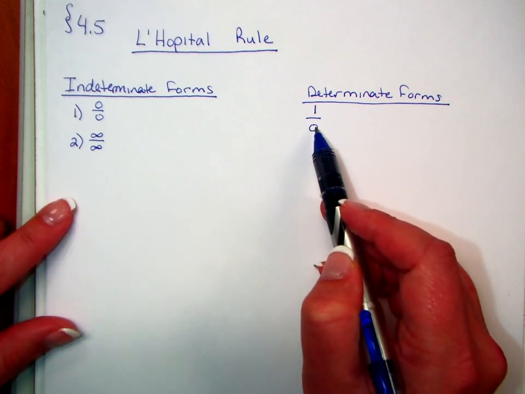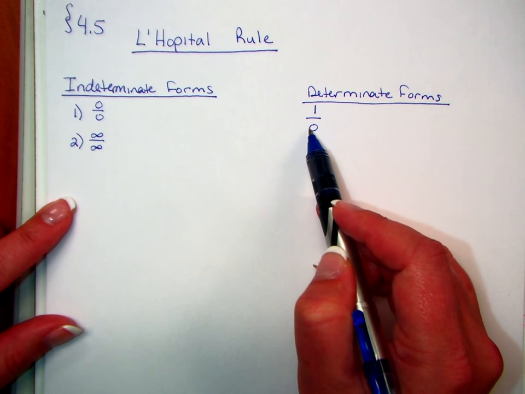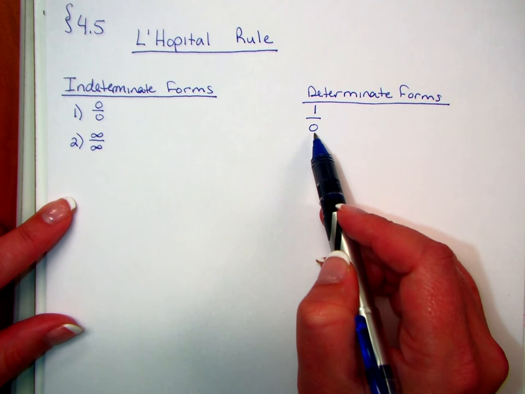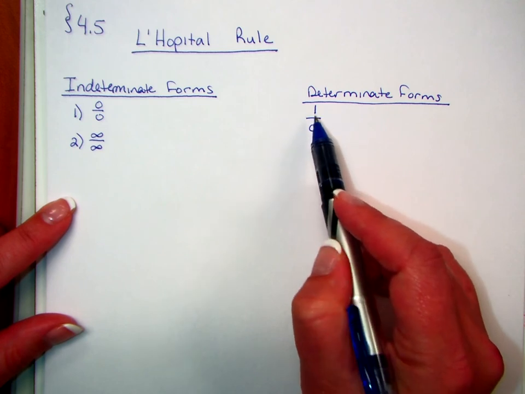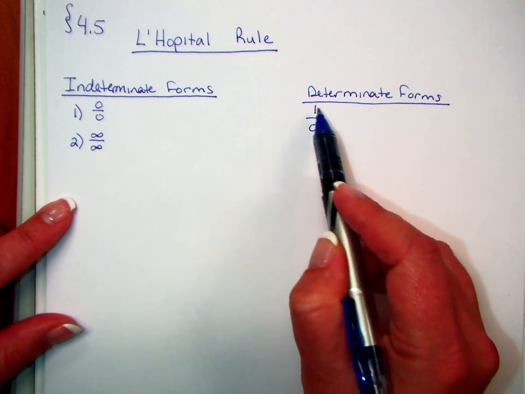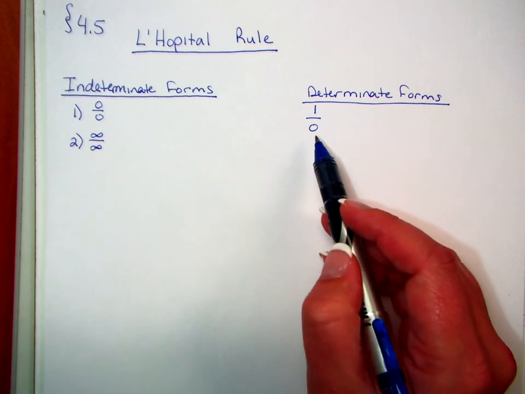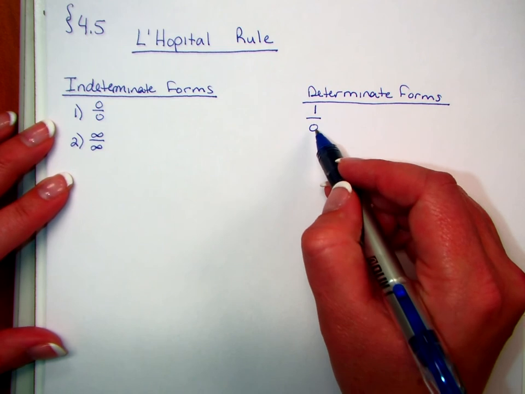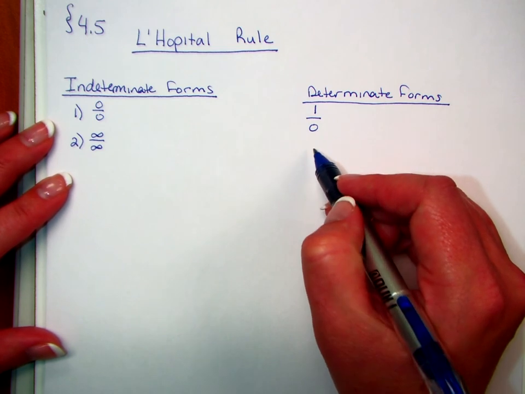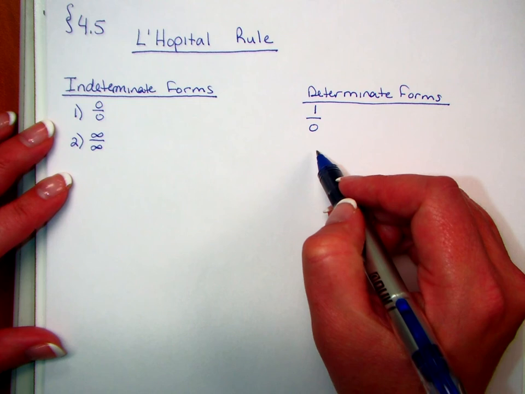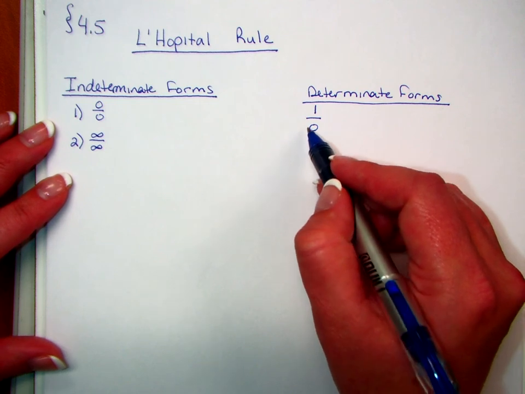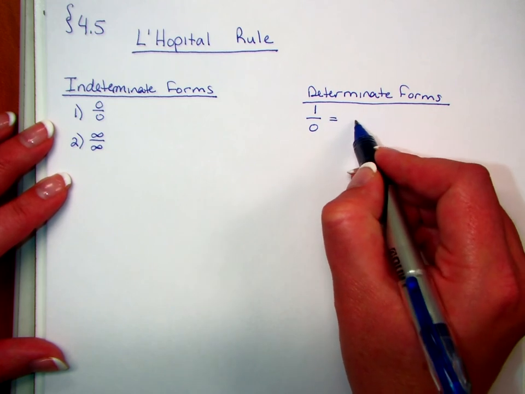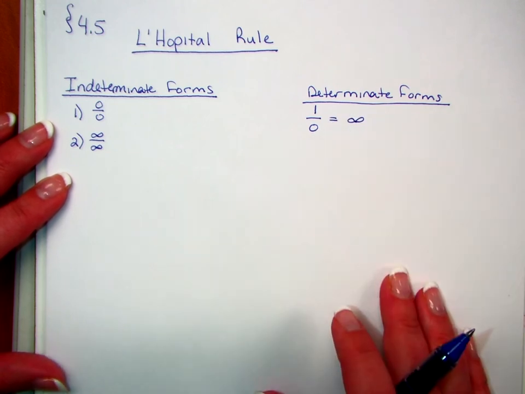Well, what happens when the denominator gets smaller and smaller? 1 over 1,000,000, 1 over 2,000,000, 1 over 10,000,000. This number is really large, right? So when the denominator gets really small, the fraction gets really large. This is always determinate, guys. And the answer is going to be infinity, always.